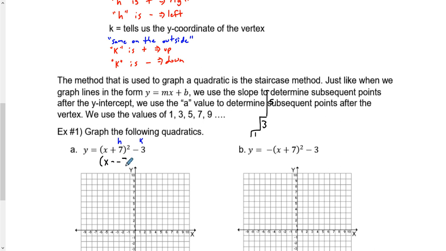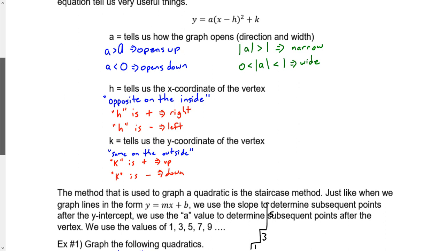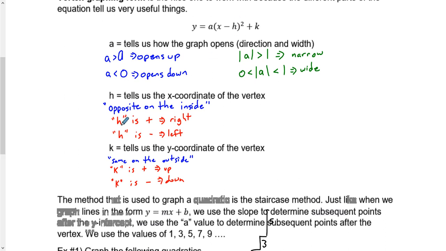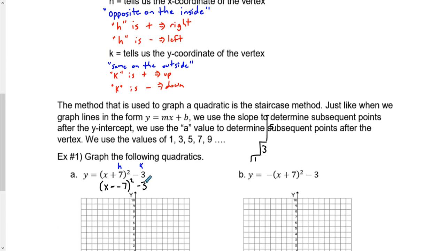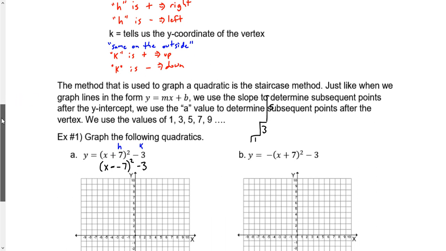But if we were to write it in that form, it would look like this. Which means the h value is actually -7. And if the h value is negative, it means things are going to be moving to the left. This k value being negative means it's going to be moving down.